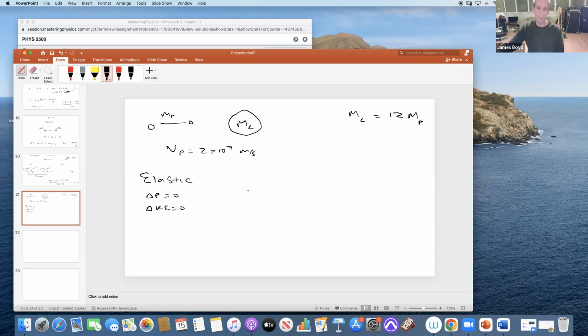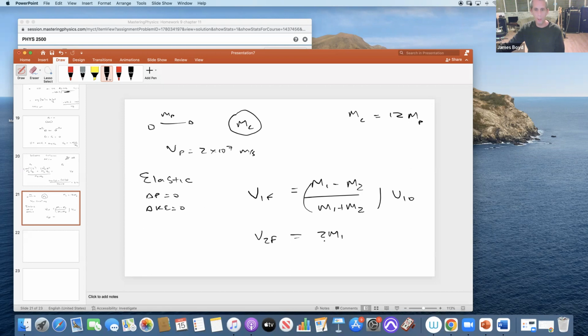That means that we can use the following: V1 final and V2 final, assuming an elastic collision with mass 2 at rest. We use (M1 minus M2) over (M1 plus M2), V1 initial.